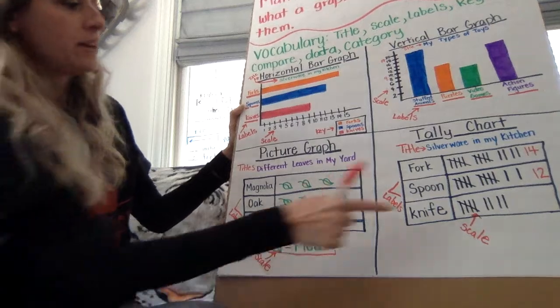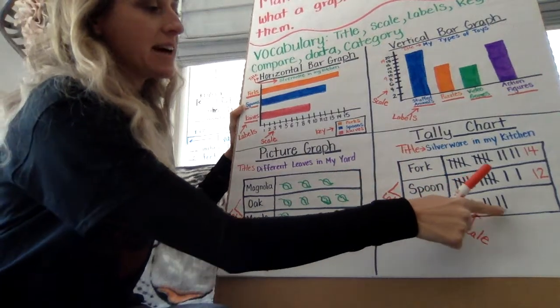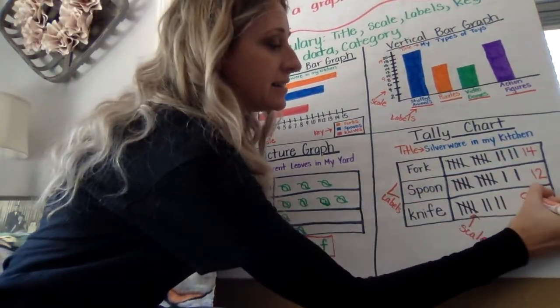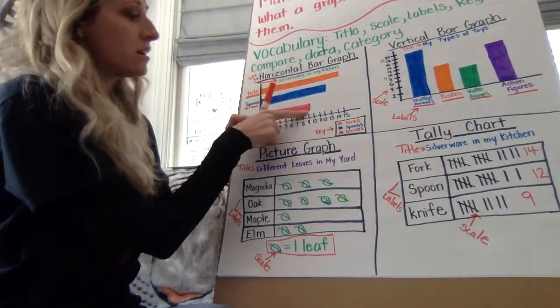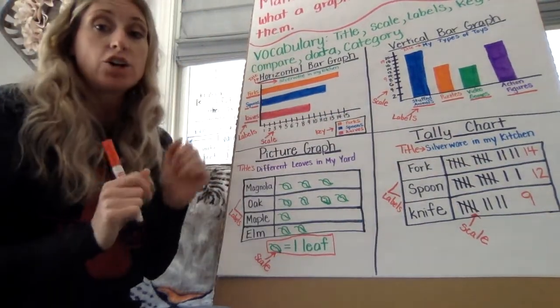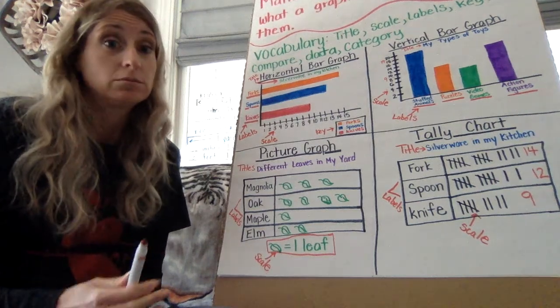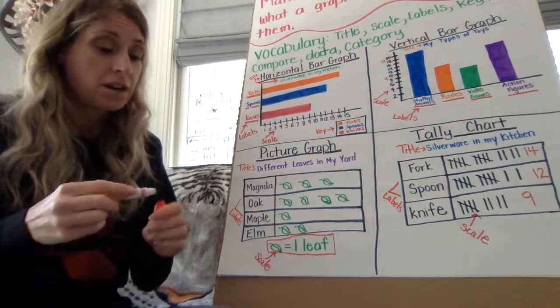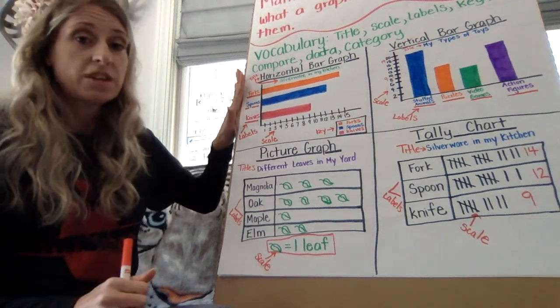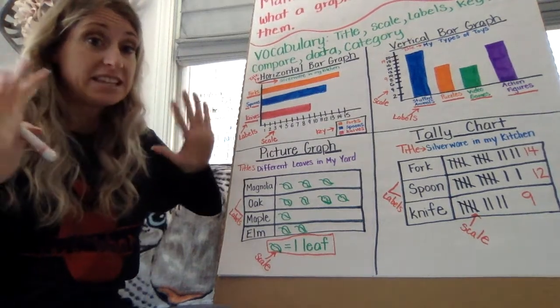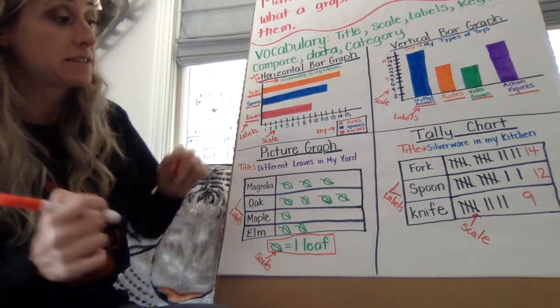And knife, we have 5, 6, 7, 8, 9. And if we look up here, we have 9. So it's the same information, just shown in a little bit of a different way. I hope this was helpful for you to see the different types of graphs.